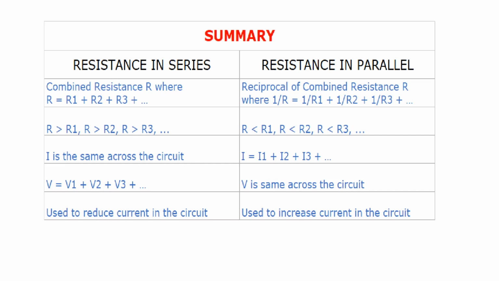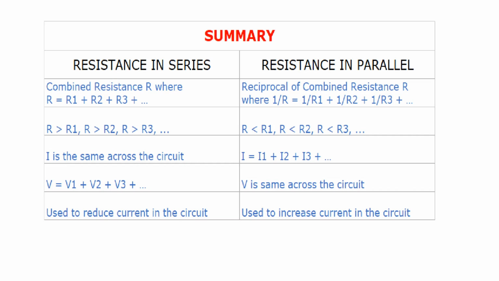When the resistances are in parallel, the reciprocal of the combined resistance R is 1 upon R is equal to 1 upon R1 plus 1 upon R2 plus 1 upon R3 and so on. In series, this combined resistance R is greater than the individual resistances, that is R is greater than R1, greater than R2, R is greater than R3, and so on.